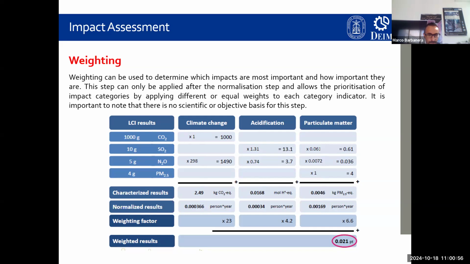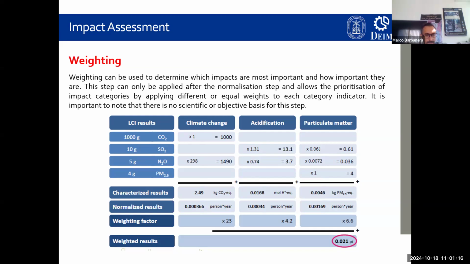So the mathematical operation in this case is very simple, because we have to multiply the normalized results by the weighting factors.